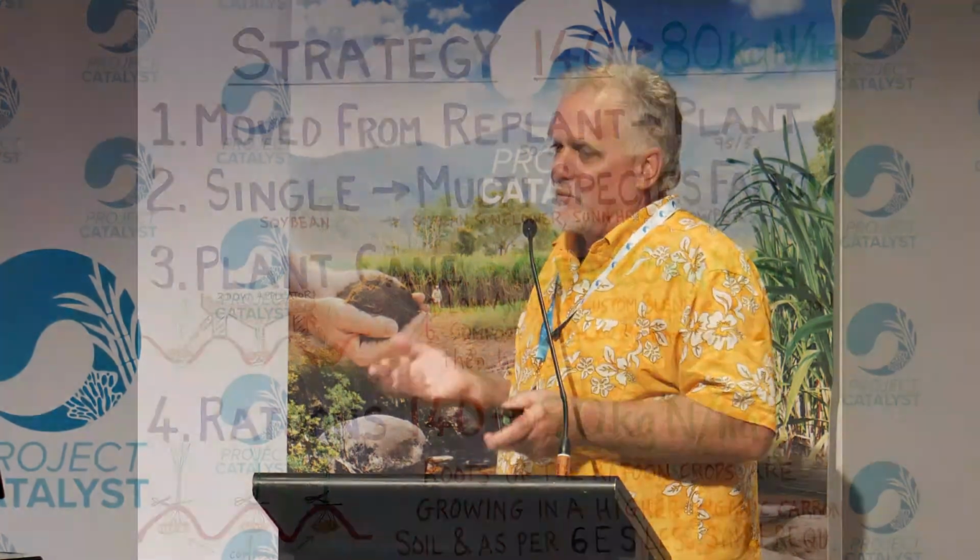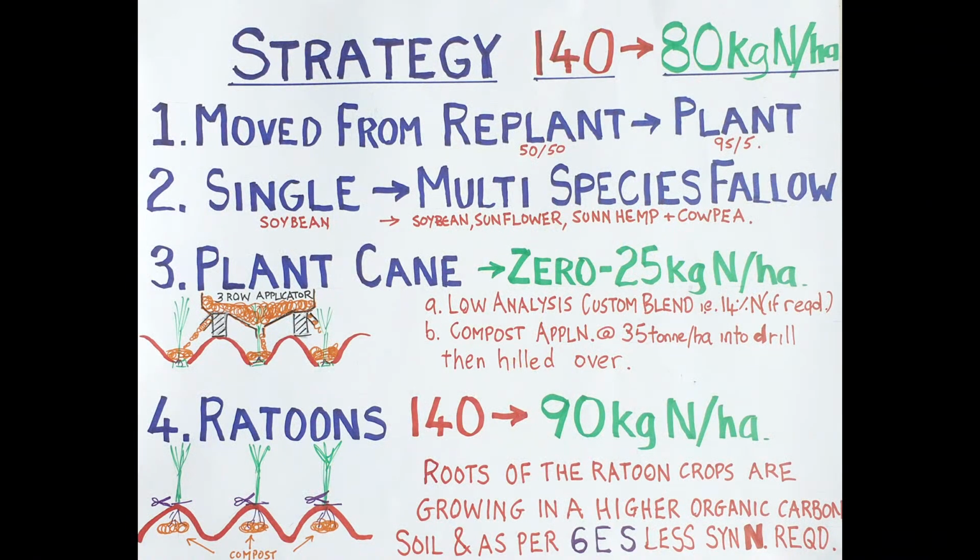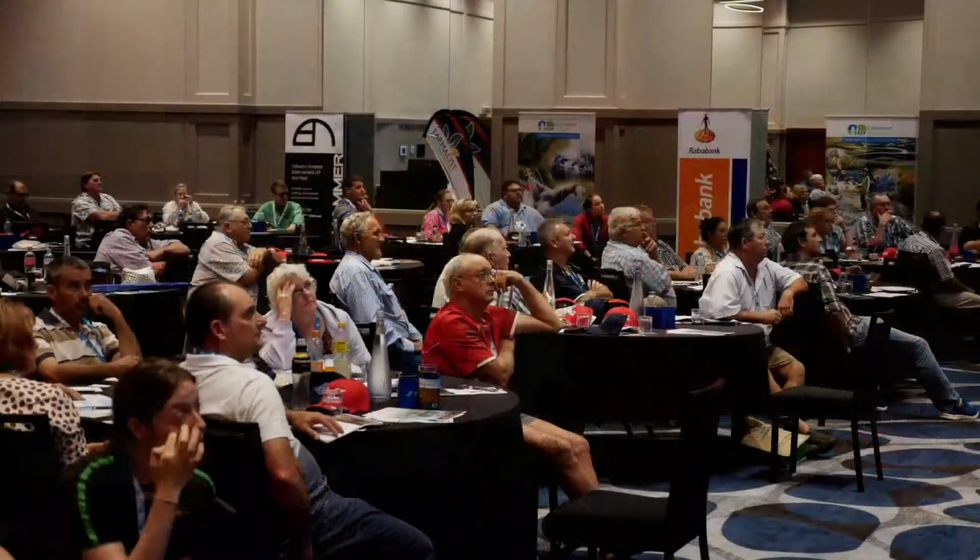Then we started to get into soybeans, and we were really happy with that and found the ground so much easier to work. Then we started to see what Alan and Ray, the other blokes around Mackay, were doing with the multi-species, and we'll never go back to a single species.